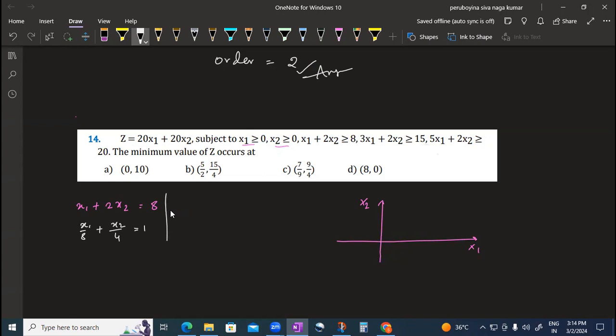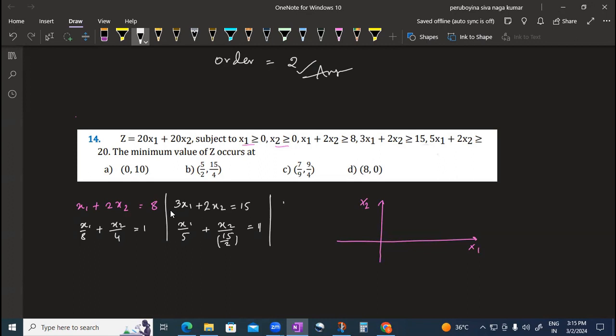Next inequality, or these are called constraints. 3x1 plus 2x2 equal to 15 means x1 by 5 plus x2 by 15 by 2 is equal to 1.